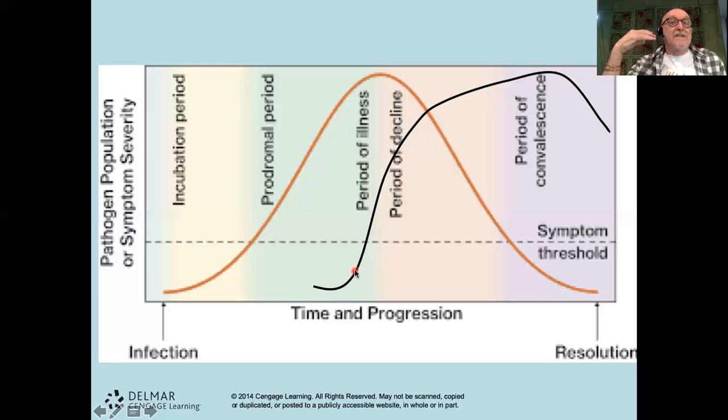However, once it gets going, this period here is when your immune system is really, really reacting strongly. This is often the period when you feel the most ill. But after a while, you produce enough antibody that you can wipe out the virus. The amount of virus in the body begins to decline until it reaches a point where you no longer feel illness.